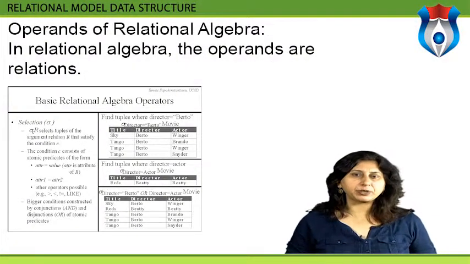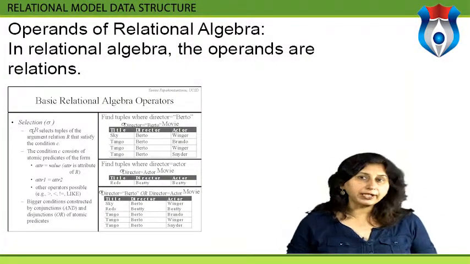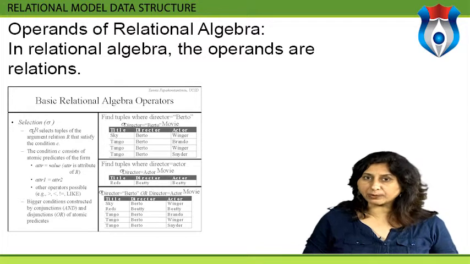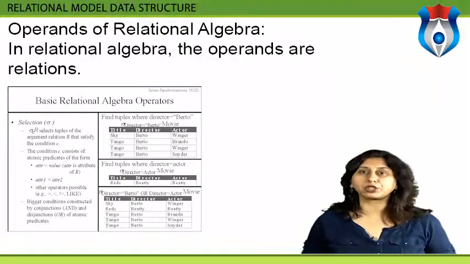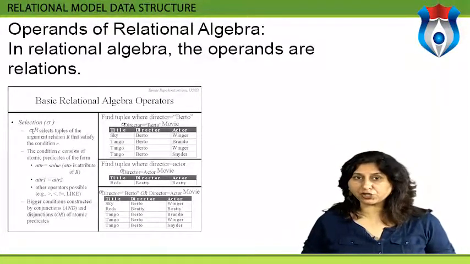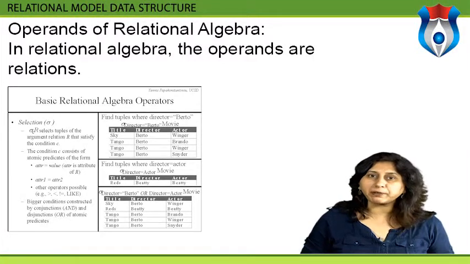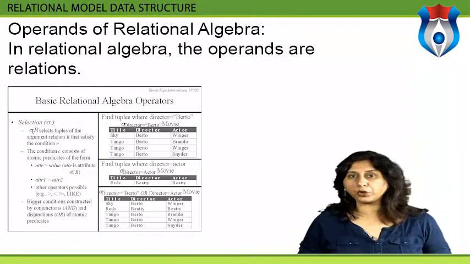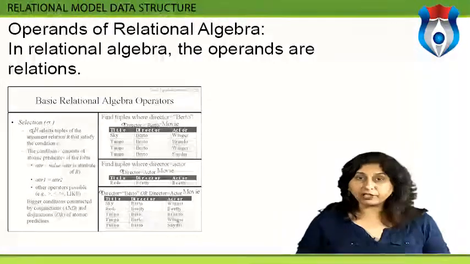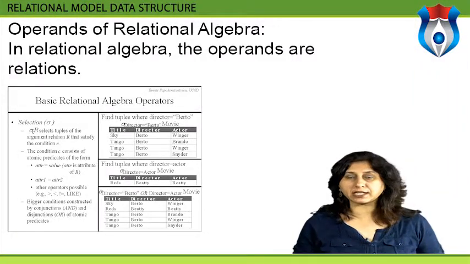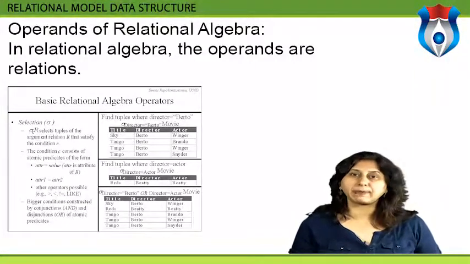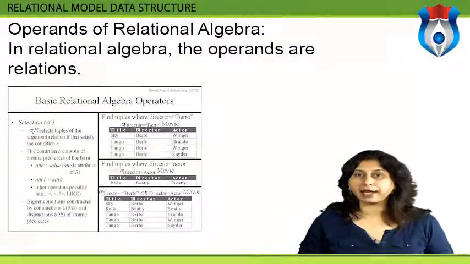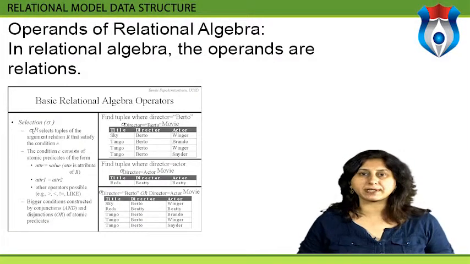In relational algebra, the operands are relations. As in other algebras, operands can be either constants, specific relations in this case, or variables representing unknown relations. However, whether a variable or a constant, each operand has a specific scheme, a list of attributes naming its columns.